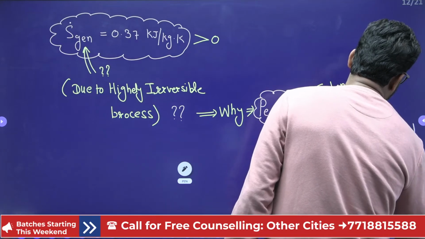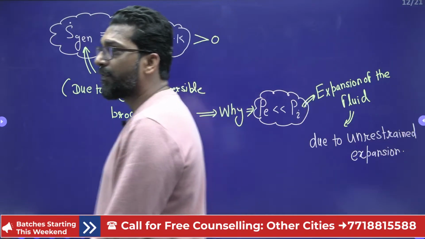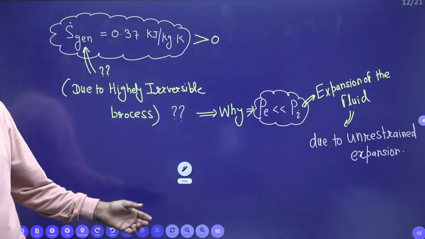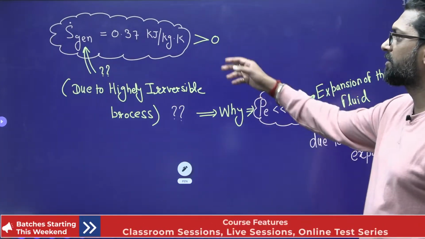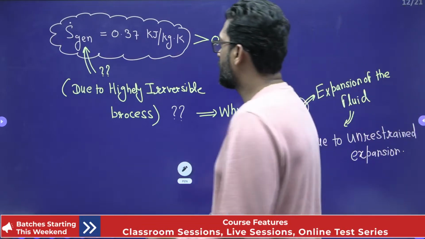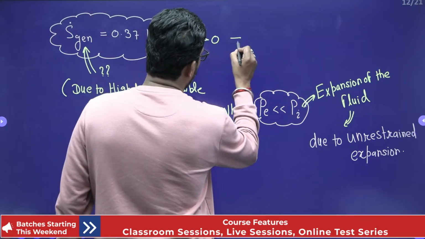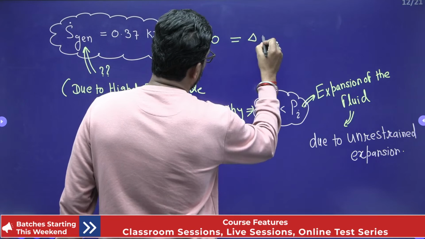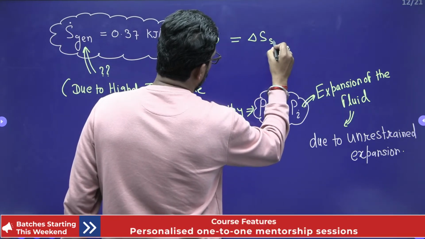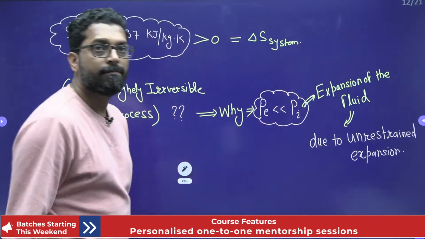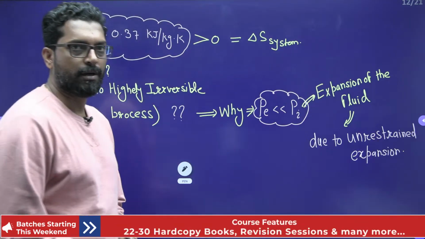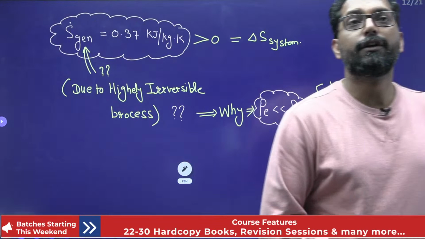So unrestrained expansion is a kind of expansion in which the entropy generation, the total entropy of the system, always increases. This generation is also called delta S of the system. So this is your entropy generation.